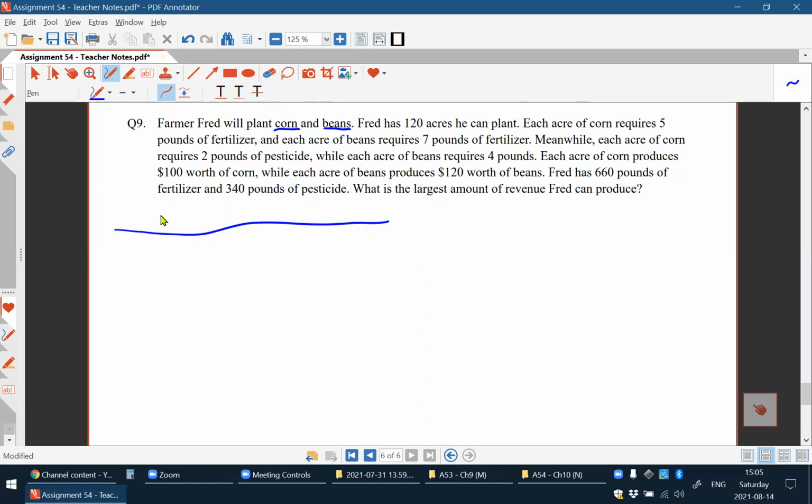Okay, so how about we make a table? He can choose to plant corn or beans, right? So let's use the letter C to denote corn and the letter B to denote beans. For each crop, the crops will occupy some land, right?